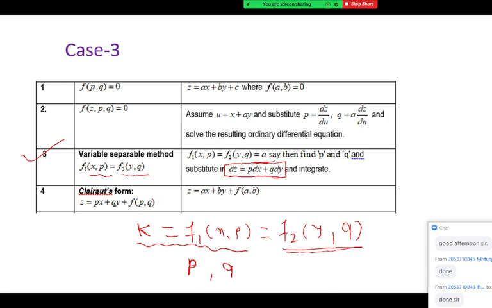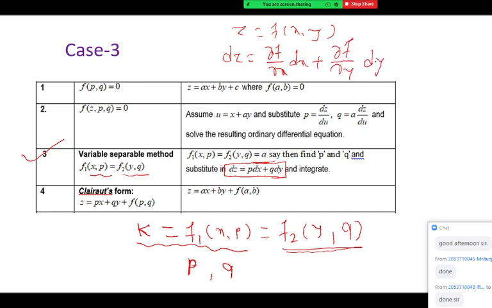One important thing I want to tell you about this equation dz. This equation is considered in case 3 as well as in Charpit's method, because we are assuming that z is a function of x and y. Throughout in PDE, we are assuming z is a function of x and y. So when you take a total derivative, we get dz is equal to dou f by dou x dx plus dou f by dou y dy.